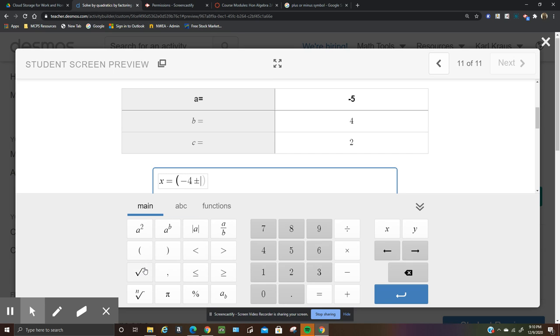And then square root. b squared is 16, minus 4 times negative 5 times 2, and divided by 2 times negative 5, which is negative 10.